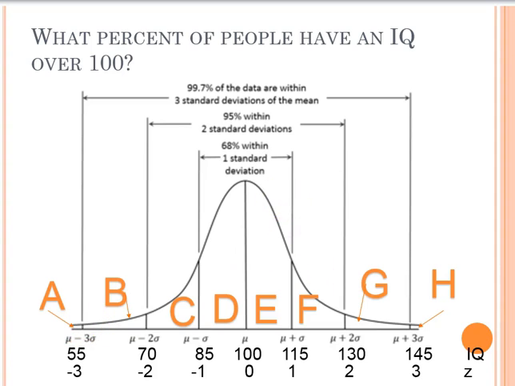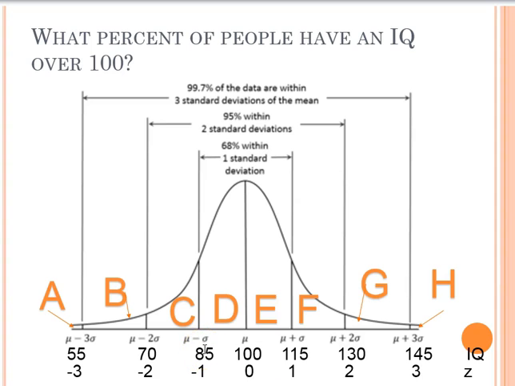So let's say we observed someone with an IQ of 100, and we want to know, well, what percent of people have an IQ of 100 or something greater? To answer that question, we can't use our 68-95-99.7 rule because 100 doesn't fall at a z-score of 1, 2, or 3. But we can use the concept of symmetry.